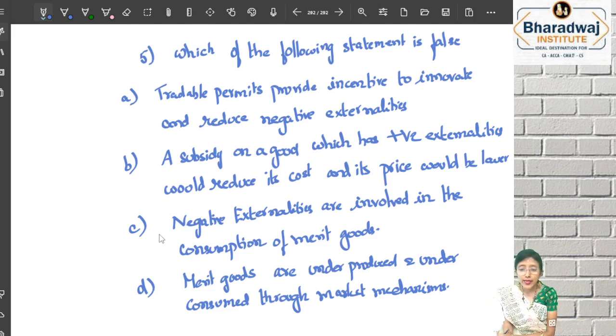Or B: a subsidy on a good which has positive externalities would reduce its cost, and its price would be lower. Do you believe these two statements are false?